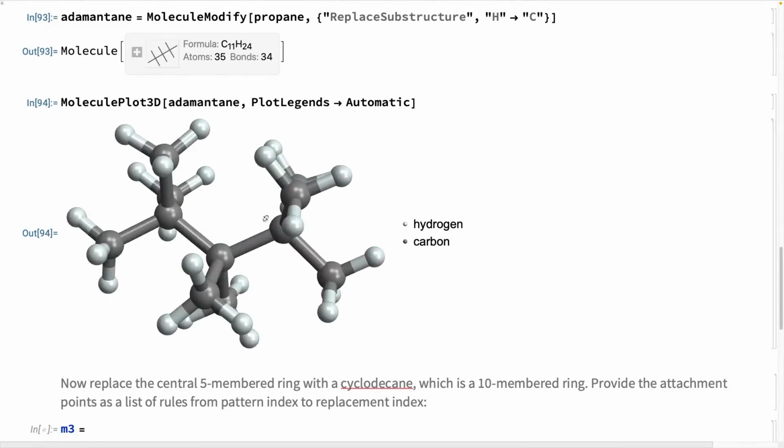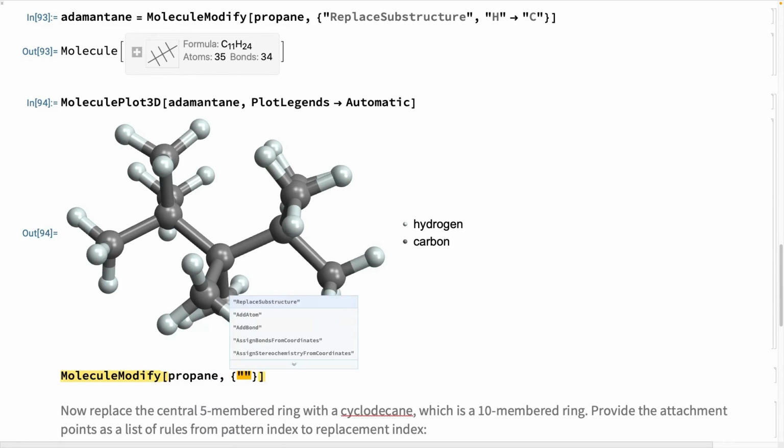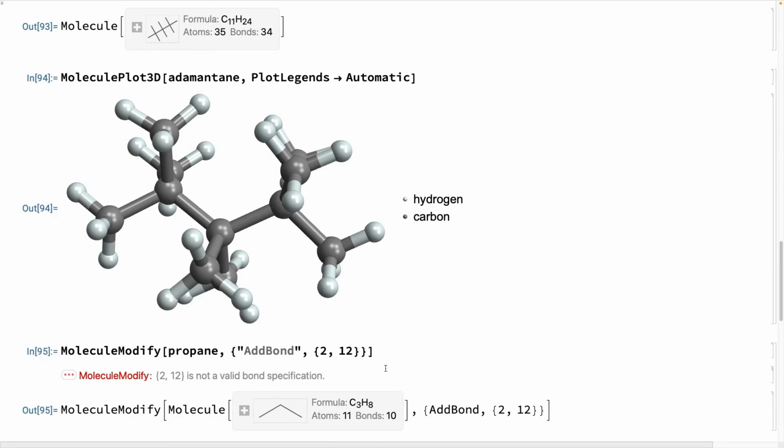You can also add bonds just for what it's worth. There are a lot of different things you can do with molecule modify. But if we take our propane, we can do something like add bond. And we could add a bond between the second and the 12th atoms in propane. Oh, that's not right. What have I done?